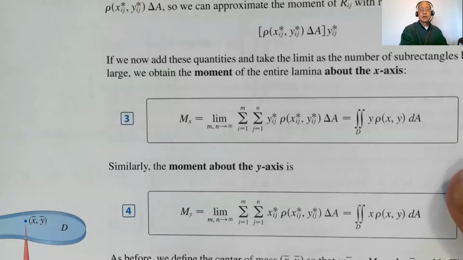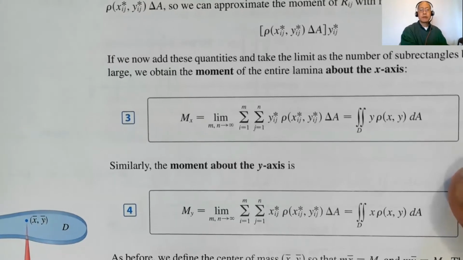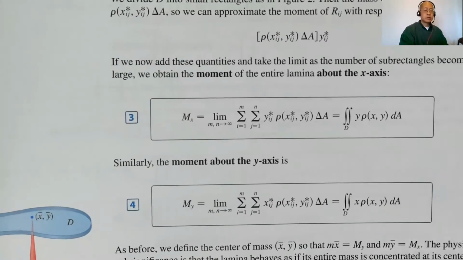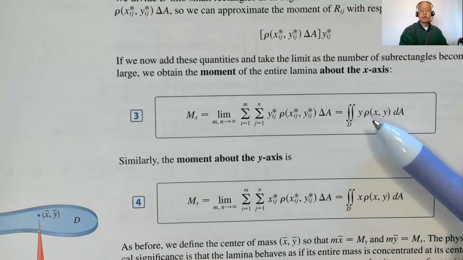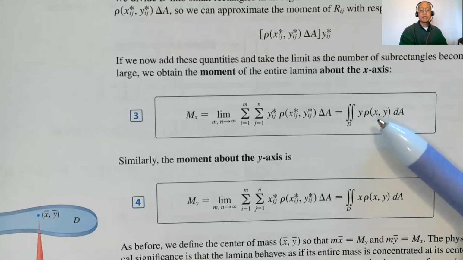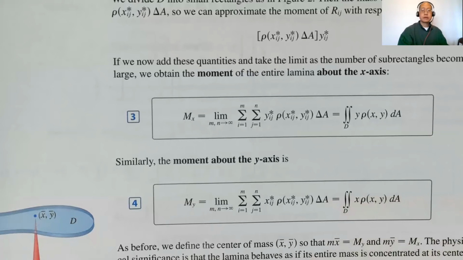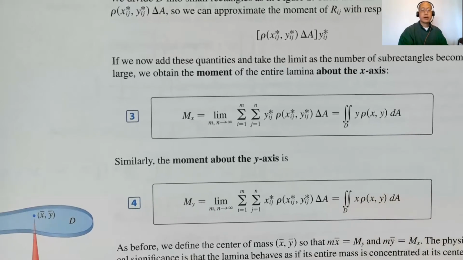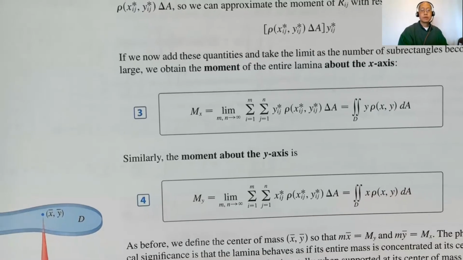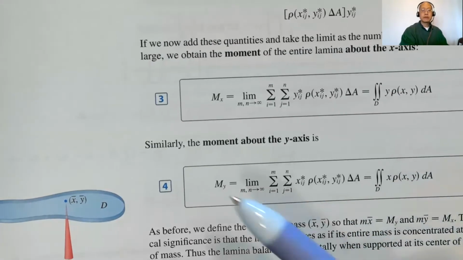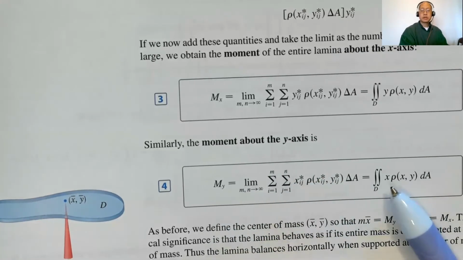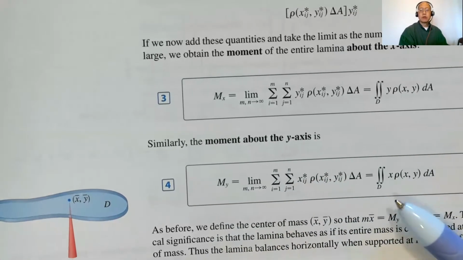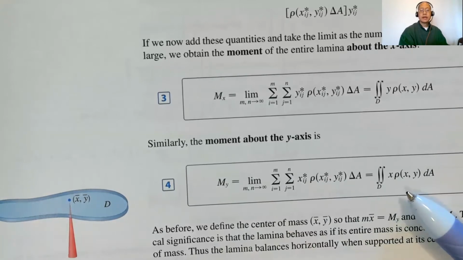M sub x, the moment about the x-axis, is a double integral over the region D of y, rho of xy dA. So rho is the density function, the density as a function of x and y at a given point. And likewise, the moment about the y-axis, m sub y, you can skip all this stuff. Just come over here, double integral of x, rho of xy dA.